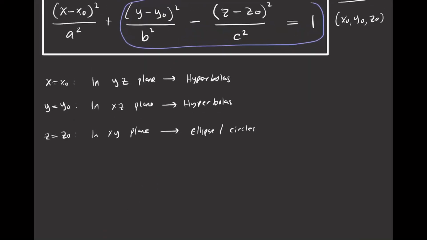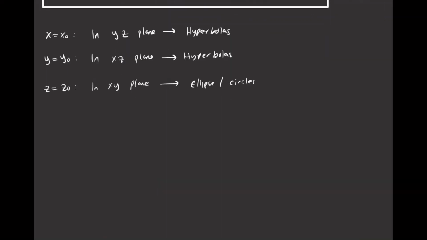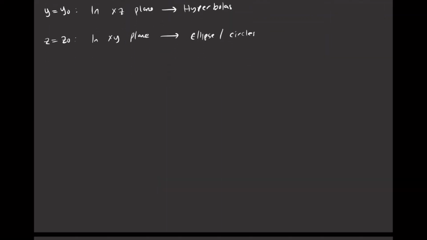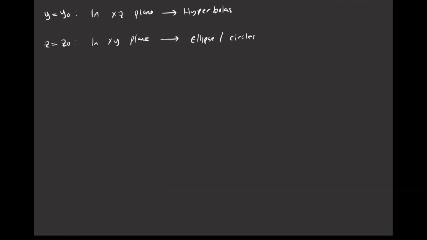Now let's put this in three-dimensional space. So we have our x, y, and z axes right here. Keep in mind the traces, and then we'll put all of it together. Now let's draw the negative axes as well.